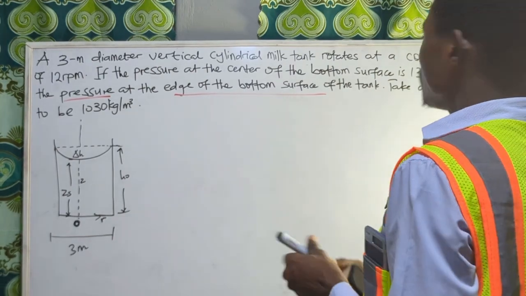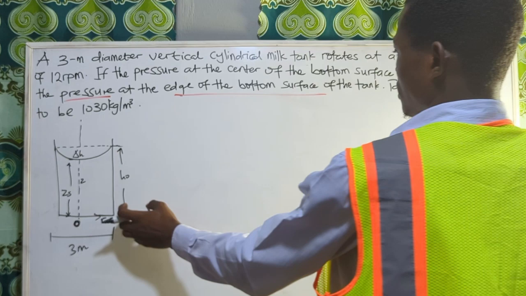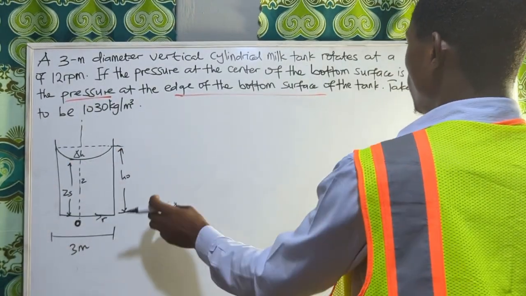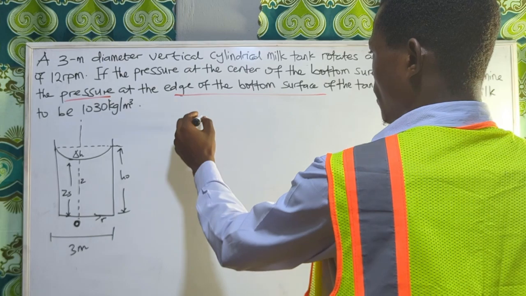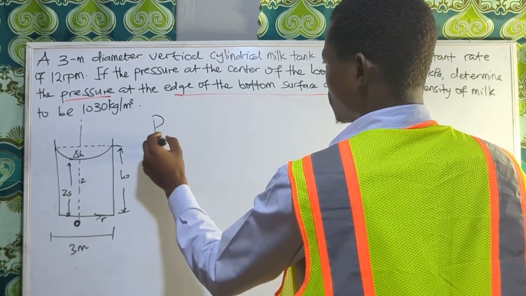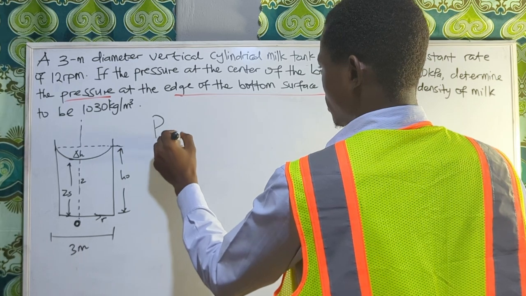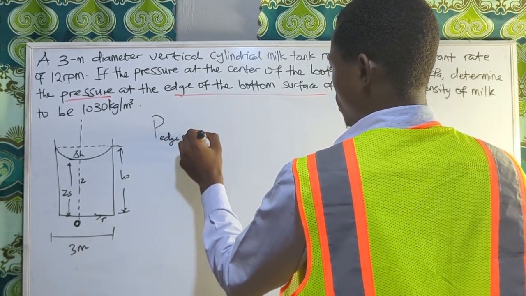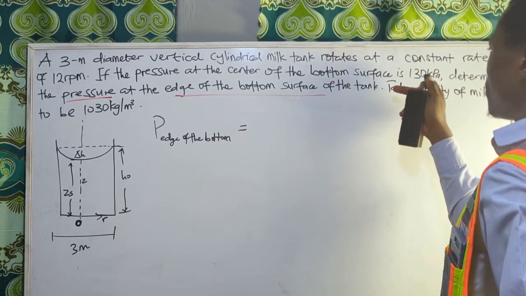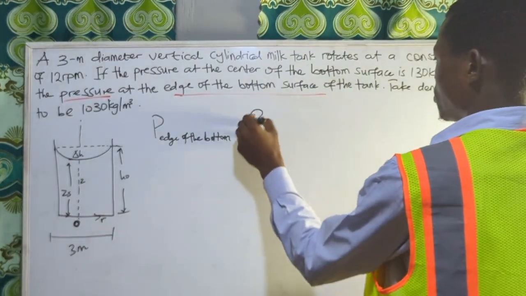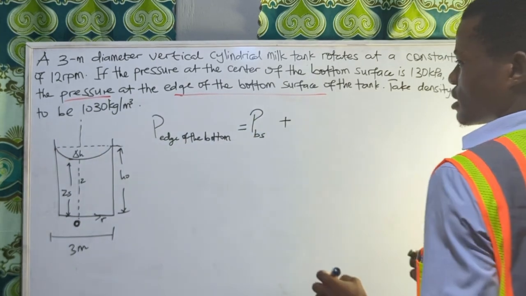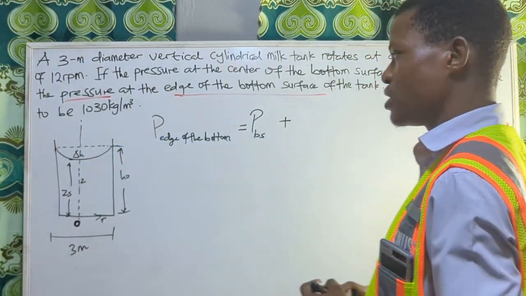So now we are to determine the pressure at the edge of the bottom surface of the tank. They've given us the pressure at the center of the bottom surface, that's the pressure here. To determine the pressure at the edge, let's represent it by P. It's going to be the pressure at the bottom center plus the pressure at the free surface, that's here.